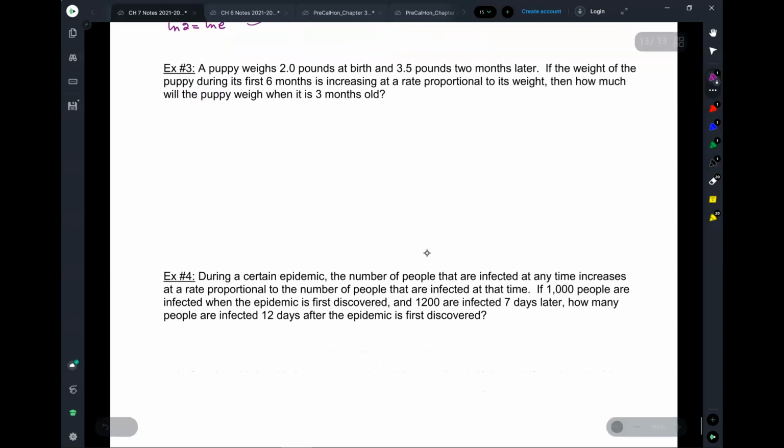Okay. So, a puppy weighs 2 pounds at birth and 3.5 pounds 2 months later. Okay?